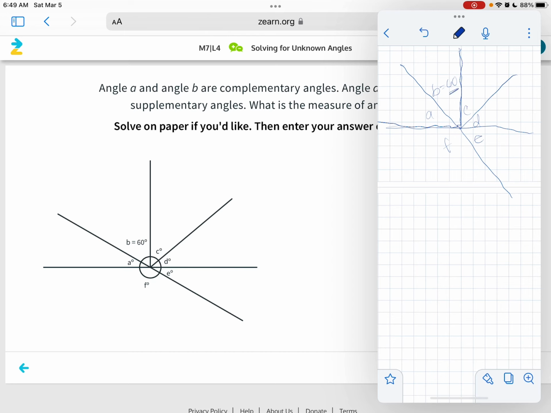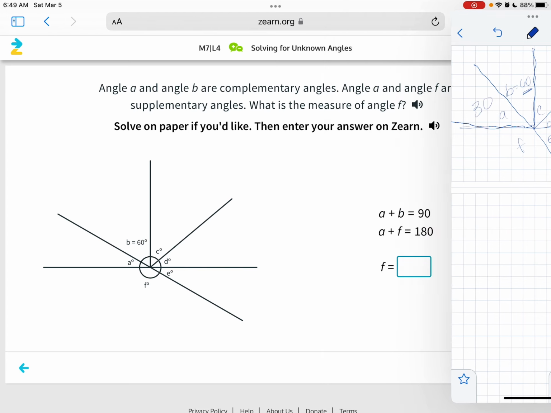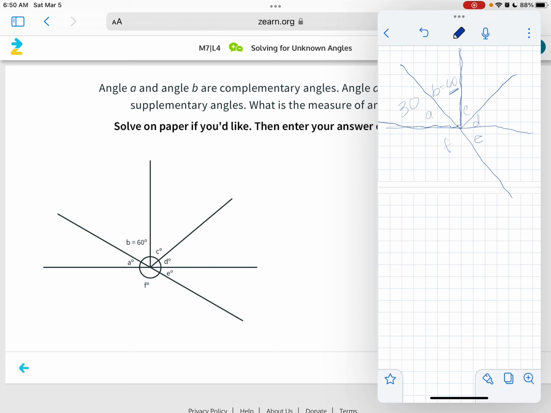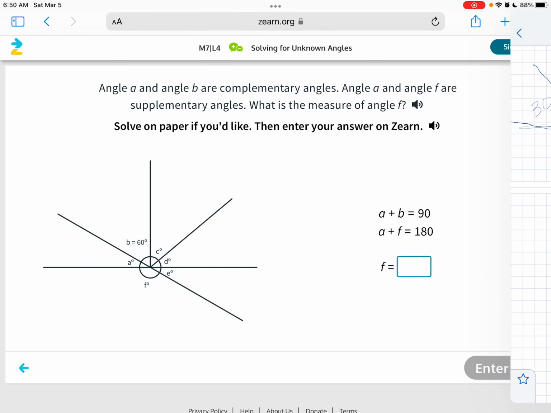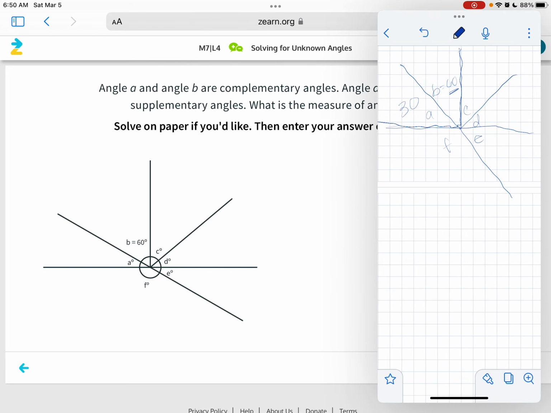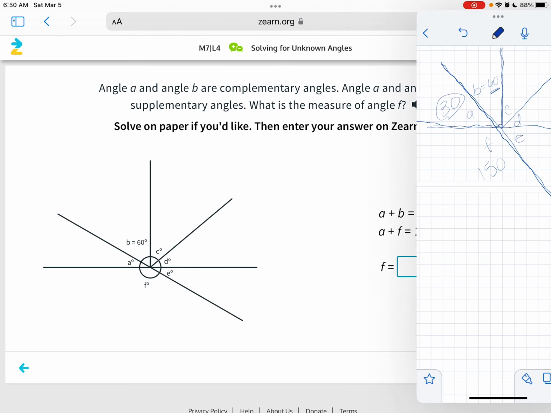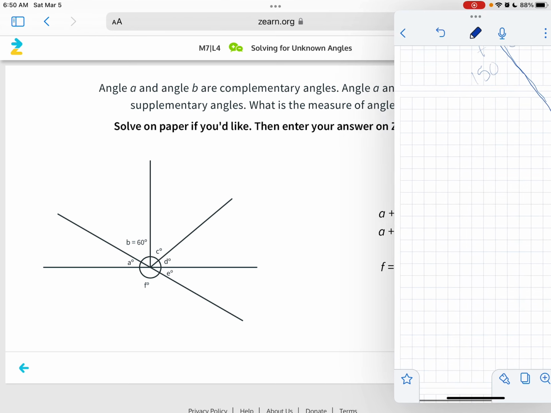So you have 60 here, which makes this one 30. And it says A and F are 180. So this line is going to be 180, which means if this is 30, this one has to be 150. And you're looking for angle F. So right there, it's 150.